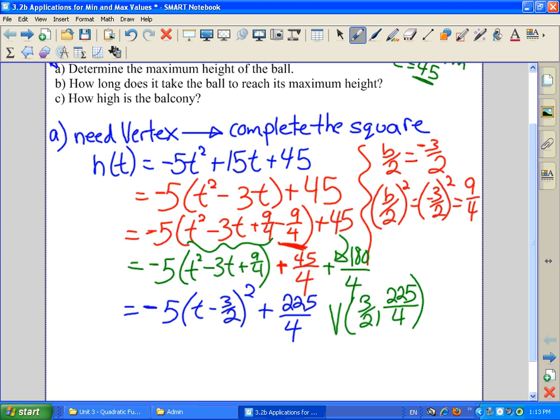So 3 over 2 is the time it takes to reach the maximum height, and the maximum height is 225 over 4. But does it make sense, if we're talking about time, to leave it as a fraction? No, you may want to change your vertex, in this case, to a decimal. So the vertex is going to be 1.5, and if you use your calculator, you're going to get 56.25.